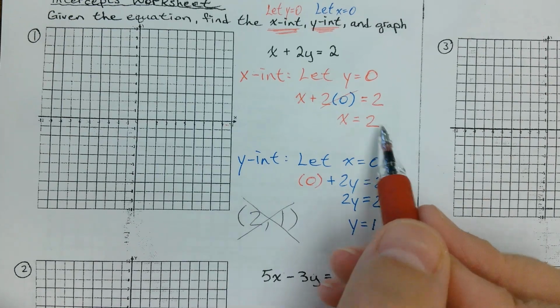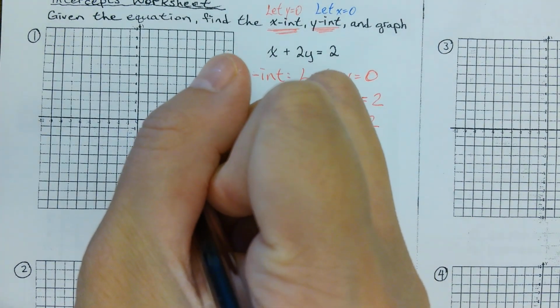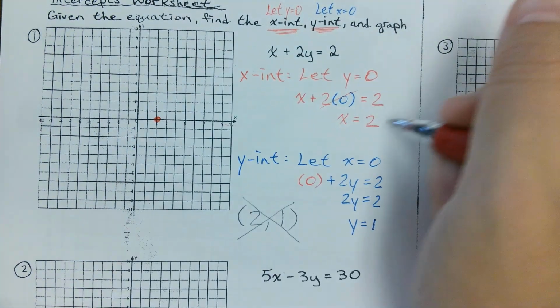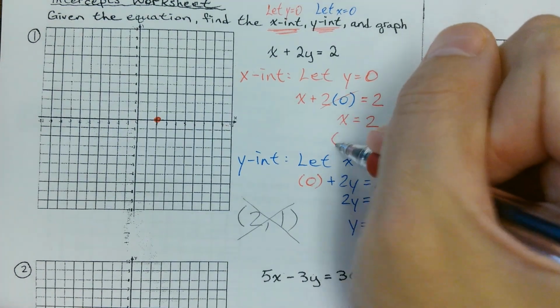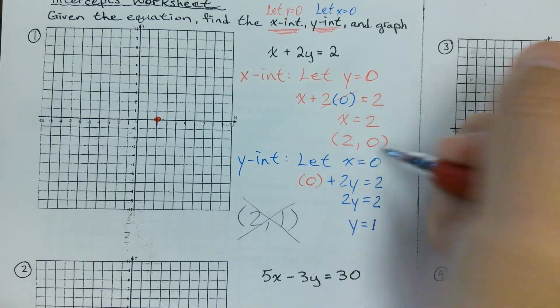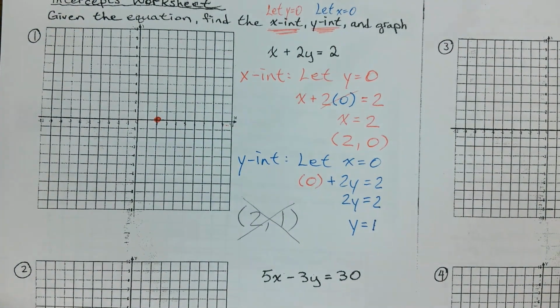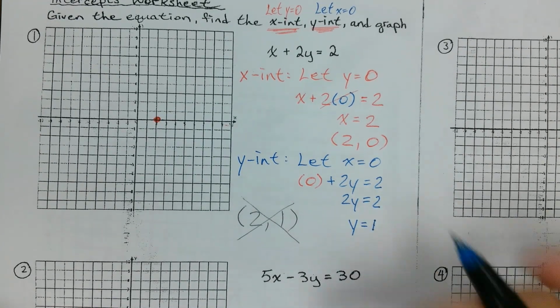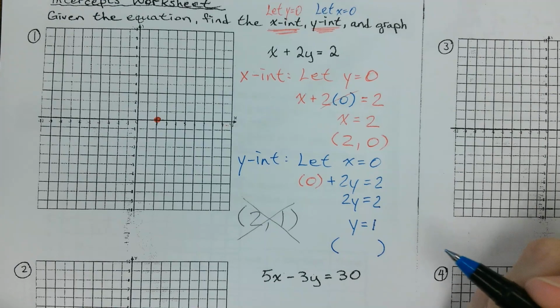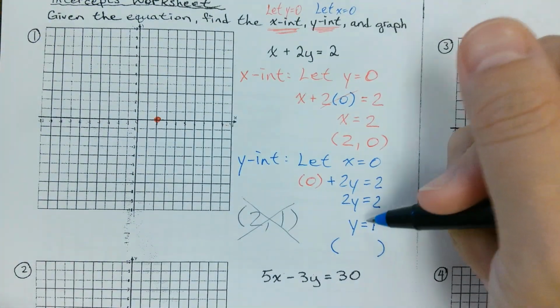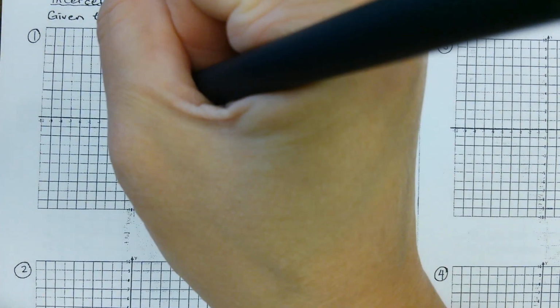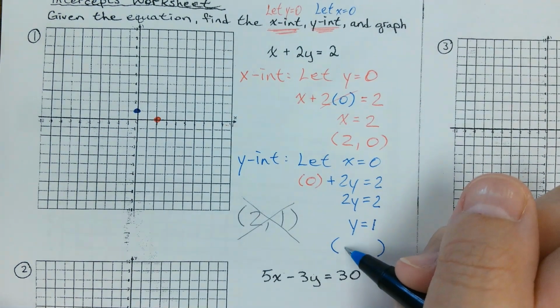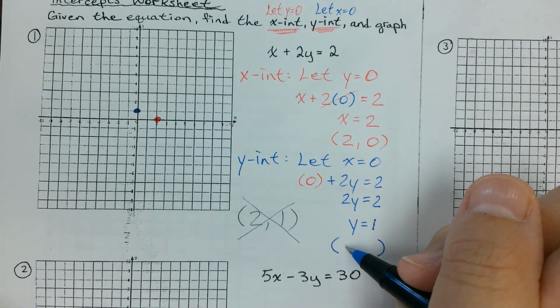So this point right here has the coordinate (2, 0). This is called your y-intercept, which means that point should be on my y-axis when y is 1. What is the coordinate here then? Brianna?